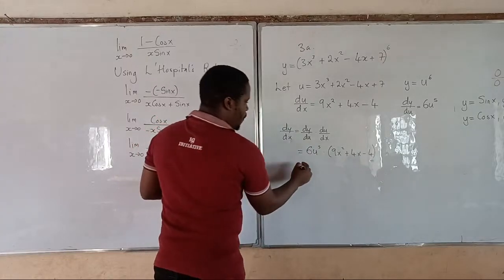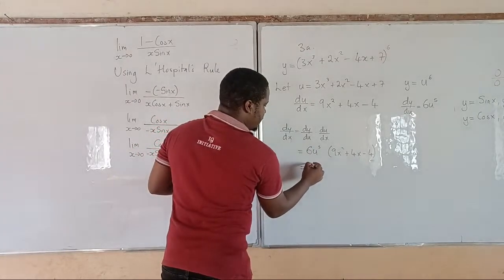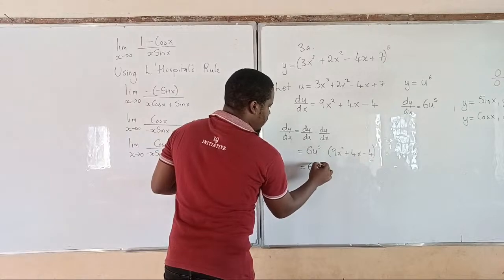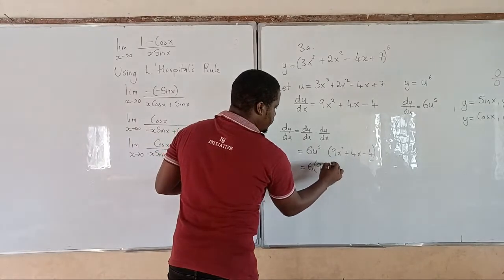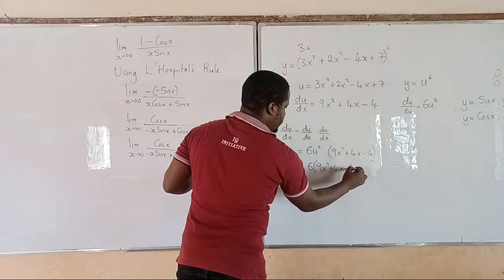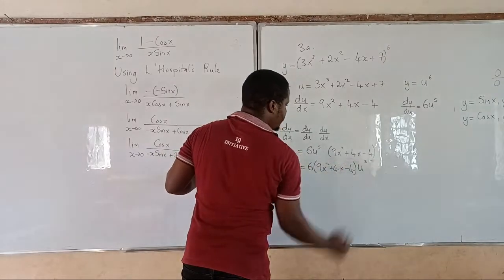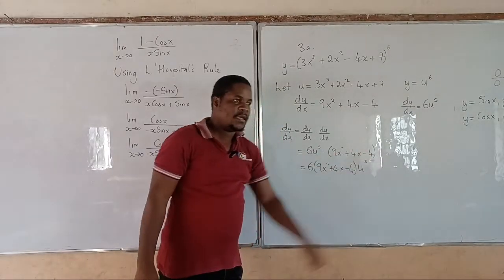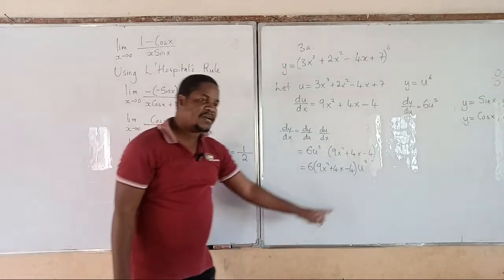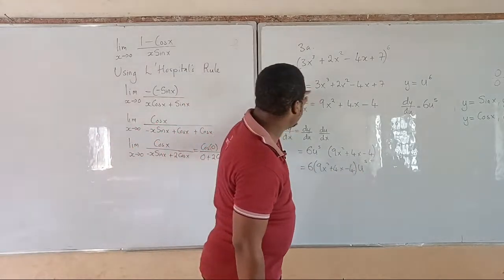Okay, we'll combine the two, we'll get 6(9x^2 + 4x - 4)u^5. I'll just put the u that side. Then your final step, you just bring back u. Just replace u. Remember, u is this whole thing.